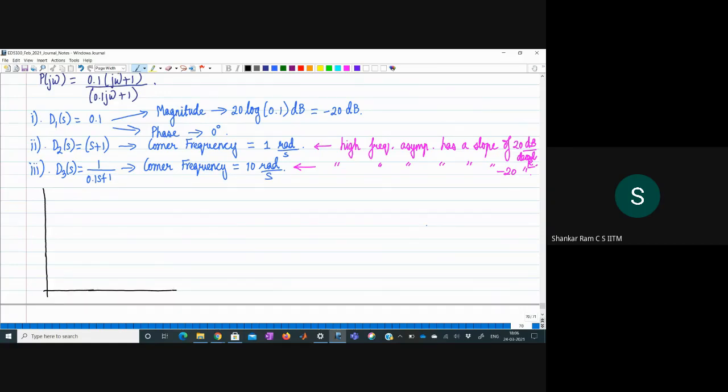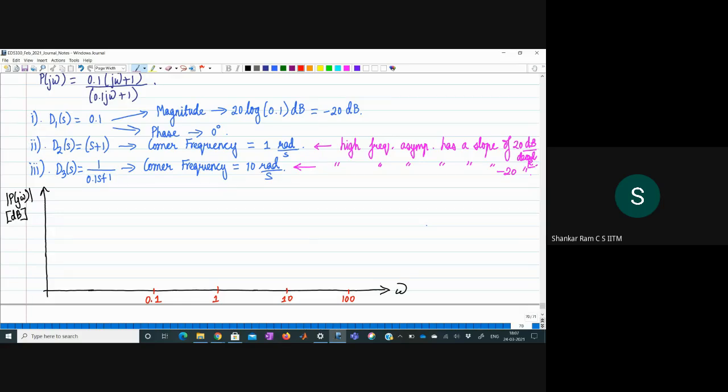Let me draw the axis first. This is the frequency, and this is the magnitude of P of j omega in decibels. Now, how do I decide the range of frequencies? Please note that we have corner frequencies at 1 and 10. So let's say we mark 1 and 10, and I can mark one decade lower than 1, which will be 0.1, and one decade above 10, which will be 100.